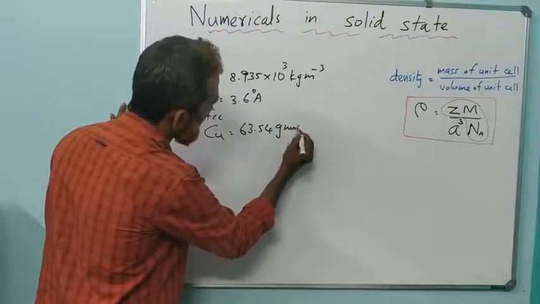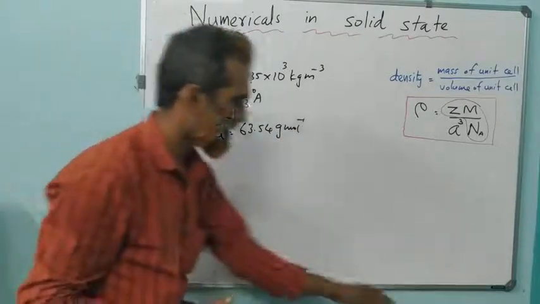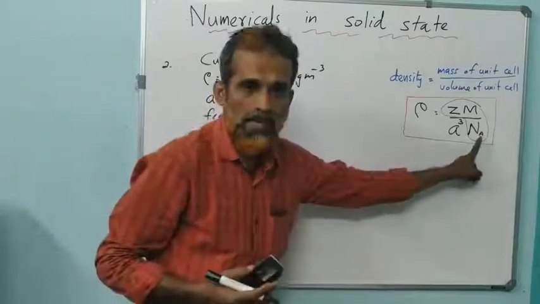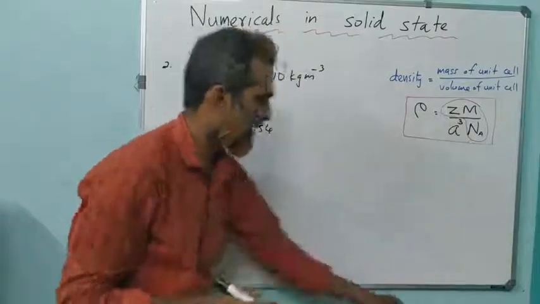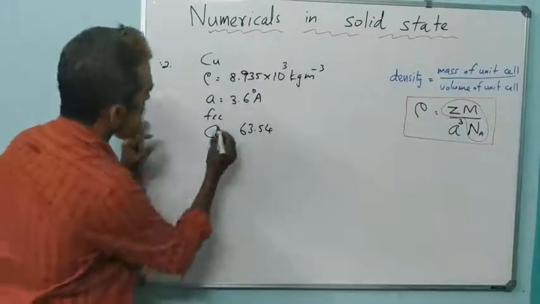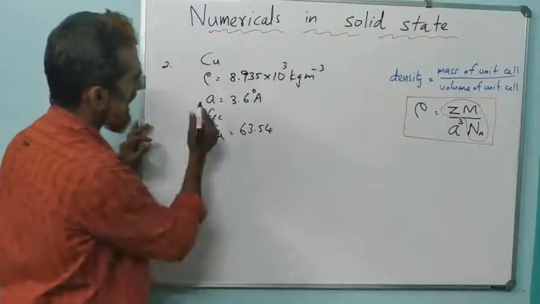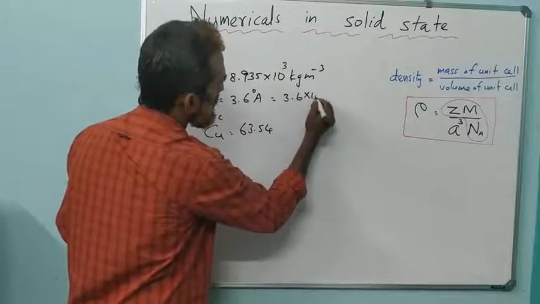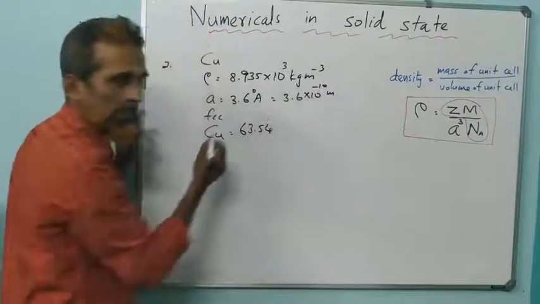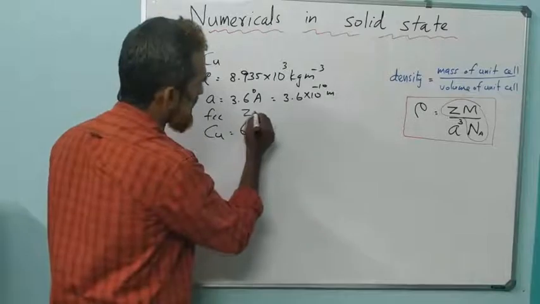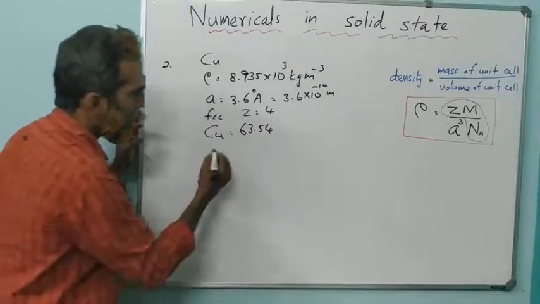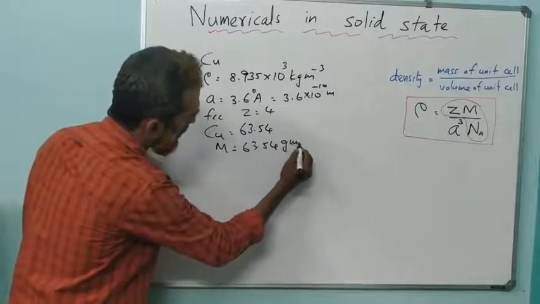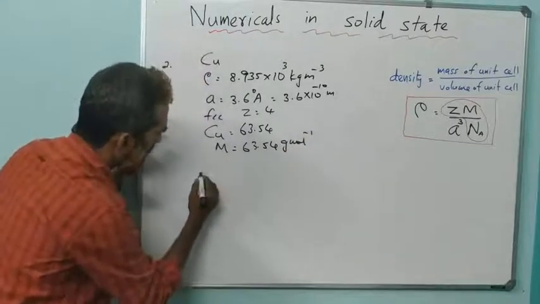If it is molar mass, we can write it as gram per mole. So this is the atomic mass given. So these are the data given. So you can calculate the Avogadro number by rearranging this equation. You have density given, A is given, this is to be expressed in SI unit. So 3.6 into 10 raised to minus 10 meter, that is angstrom. FCC, so Z equal 4. Molar mass is 63.54 gram per mole. So what do you get for the Avogadro constant from this equation?